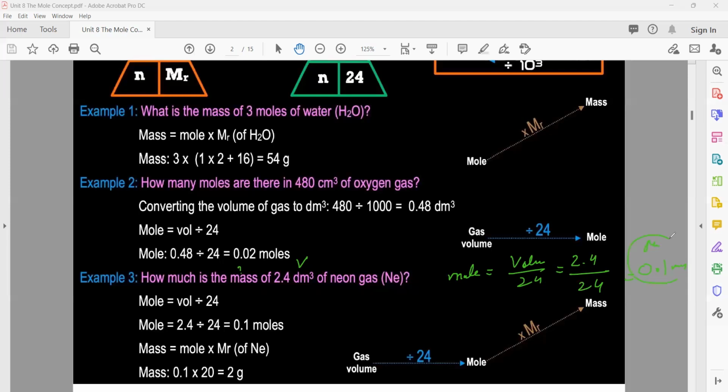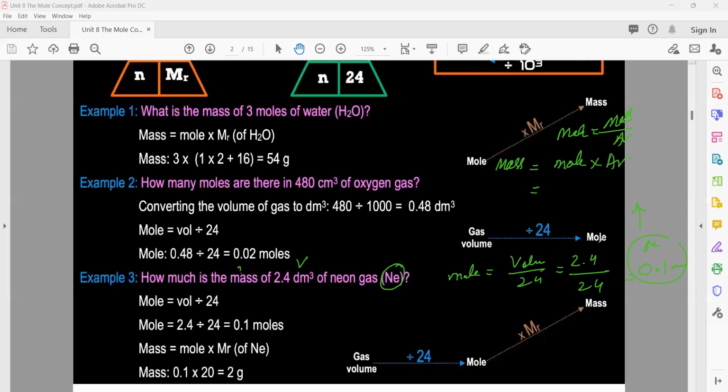Now use this mole in the other formula. What was the other formula we just discussed? Mole equals mass over Ar. Why are we using Ar? Because neon is a single atom. But we need mass here, so the formula becomes mass equals mole multiplied by Ar.